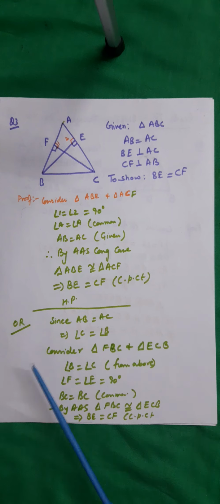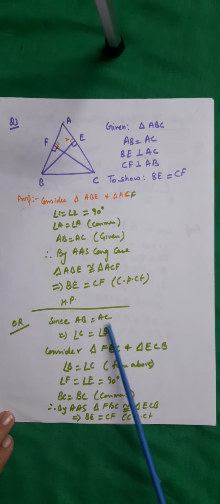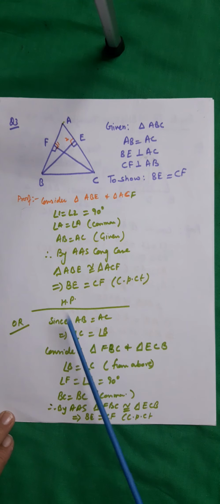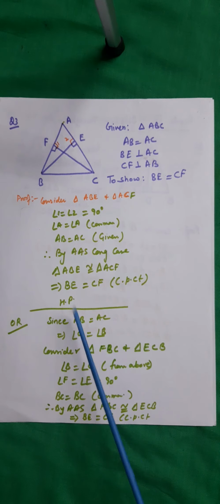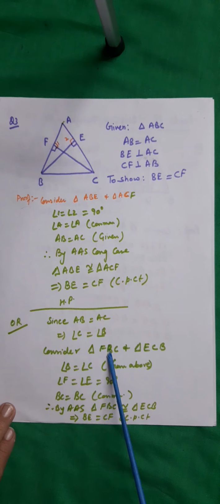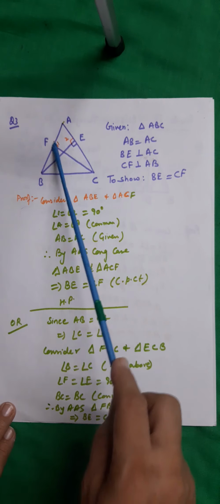There is another proof for this. So what we can do is, since AB is equal to AC and angle C is equal to angle B, therefore we can consider triangle FBC and triangle ECB. Okay, we can take these two triangles as well.